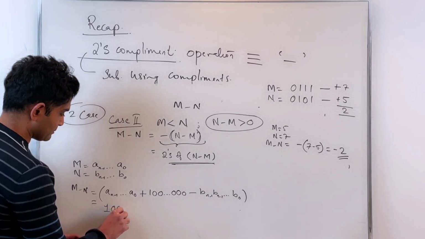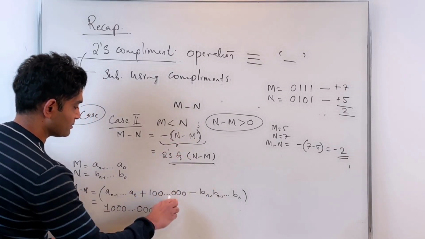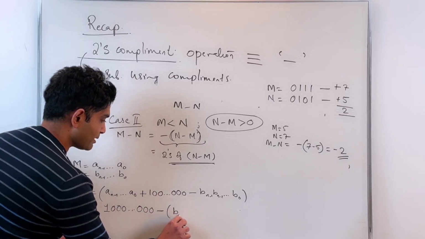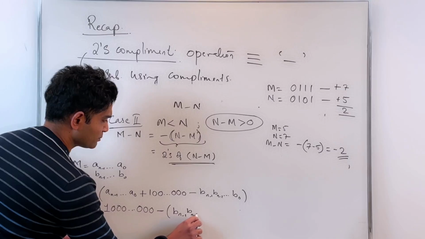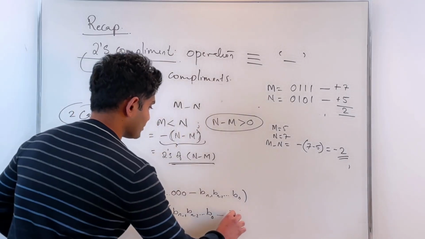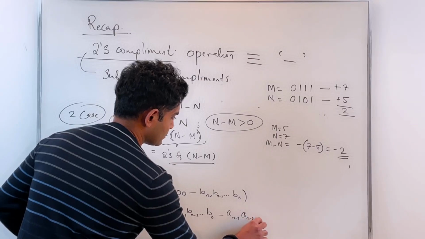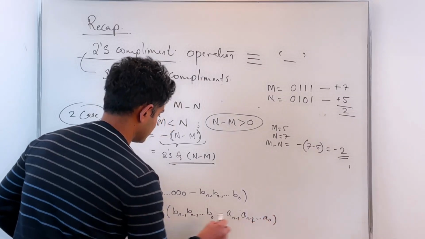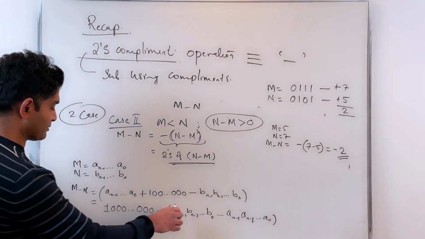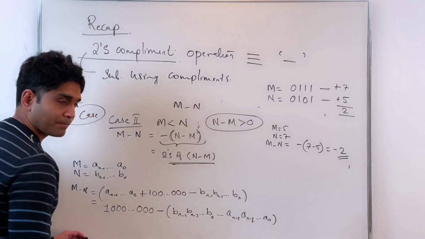So that's 1 followed by n zeros minus b(n-1), b(n-2), to b0 minus a(n-1), a(n-2), to a0. All I've done is just rearrange the terms a bit. So that's basically saying this is minus (n minus m).